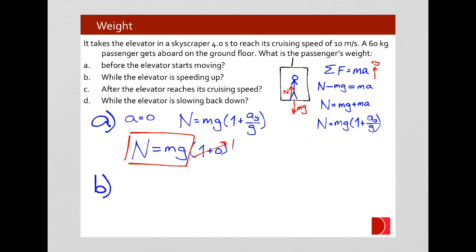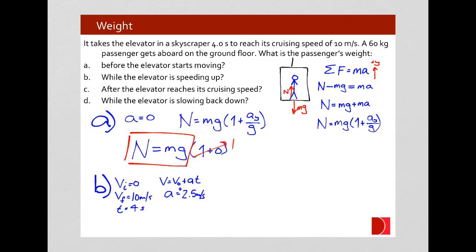For part B, we're told that the initial velocity is 0, the final velocity is 10 meters per second, and the time is 4 seconds. And from there we can say that the acceleration has to be 2.5 meters per second squared. Here it's positive because we're going upwards.